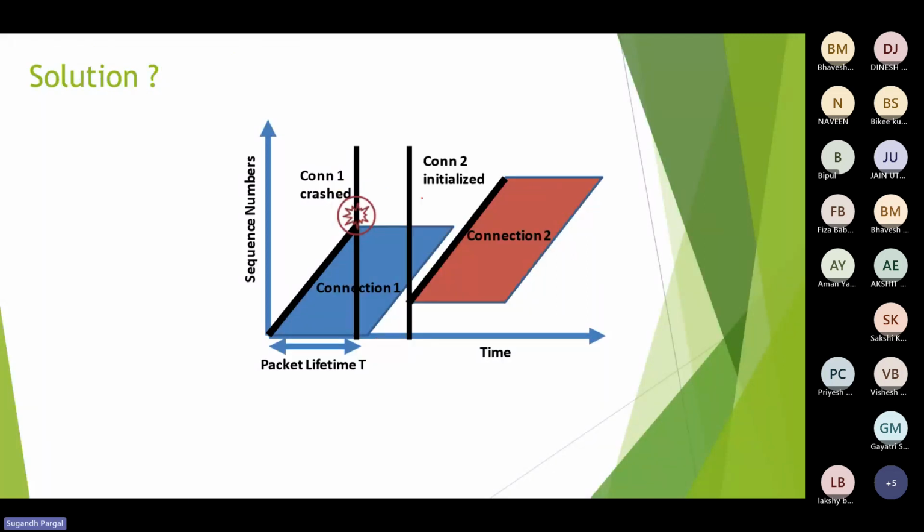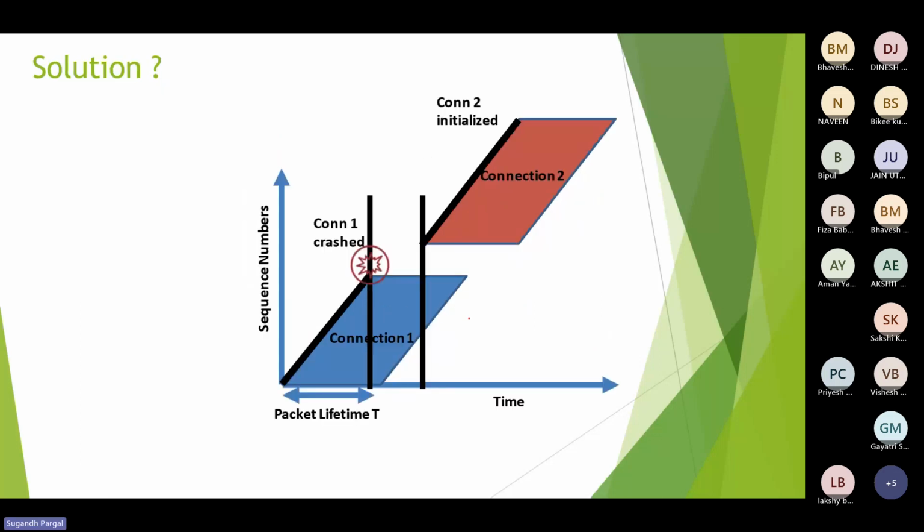The another solution is we give a sequence number more than the sequence numbers which are here, that is above these values, so that there is no overlap in this corresponding zone, and we give a sequence number above this particular sequence number zone, so that there is no confusion in between them.